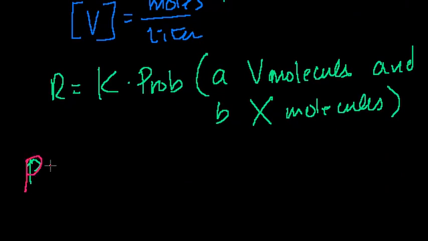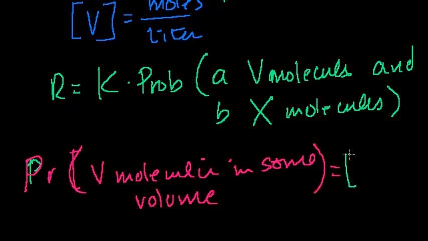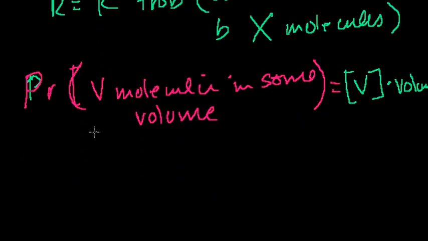If the probability of having a V molecule in some volume, if we assume that the solution is homogeneous, that the V molecules are roughly evenly distributed, it's going to be, this is even an approximation, the concentration of the V molecules times the volume under which we care about.